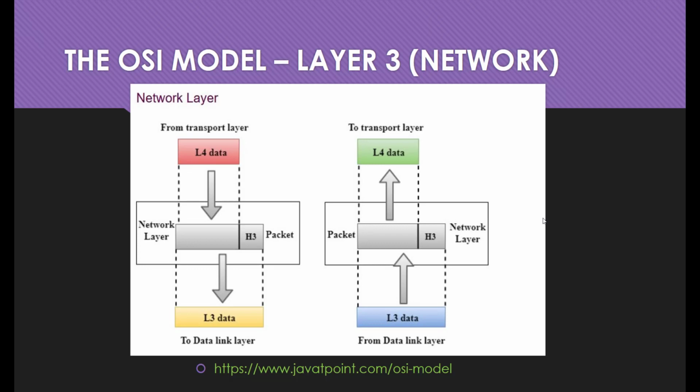So at this point, the segment is taken down to layer 3 and a layer 3 header is attached to it, which is called a packet. So the layer 3 header with the segment from layer 4 is joined together and it creates what we know as a packet.